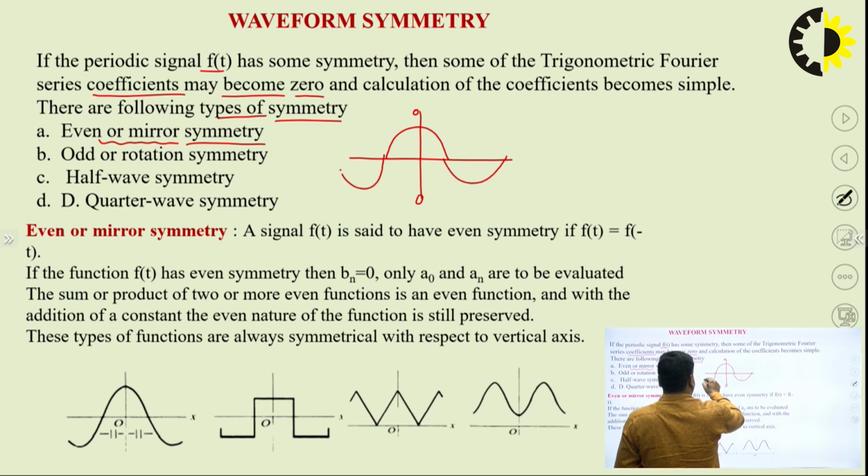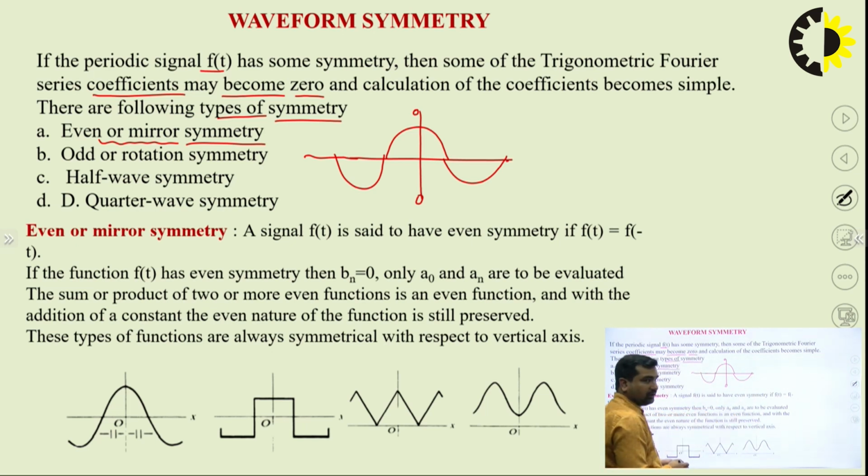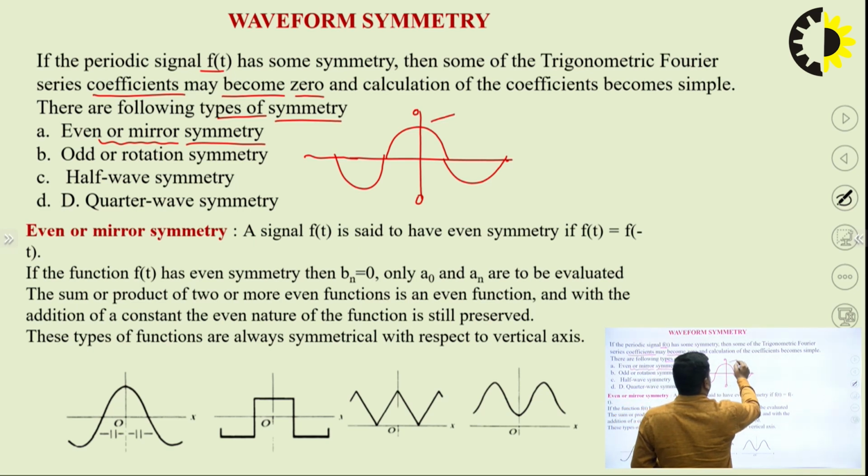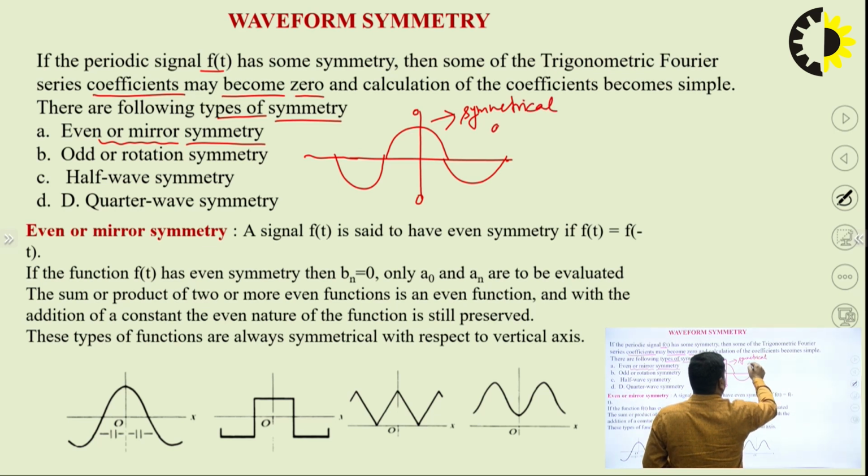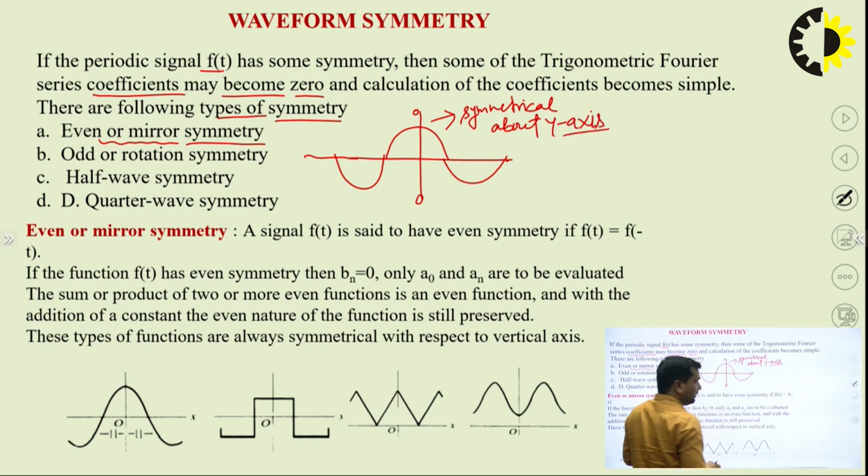These periodic functions, the signals which are symmetrical about the y-axis, the vertical axis, are called even or mirror symmetry.